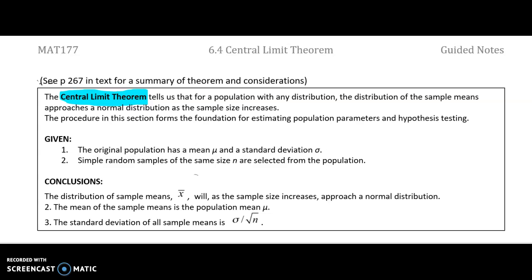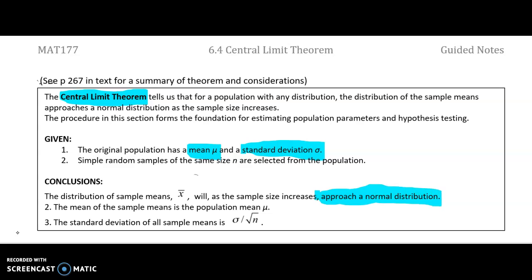is our next unit. Given the original population has a mean, mu, and a standard deviation, sigma, and also given simple random samples of the same size n are selected from the population, we can make the following conclusions. The distribution of the sample means x bar will, as the sample size increases, approach a normal distribution.